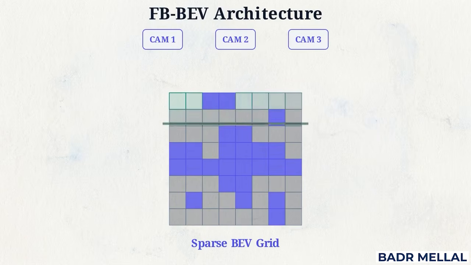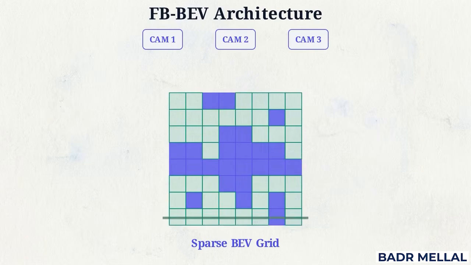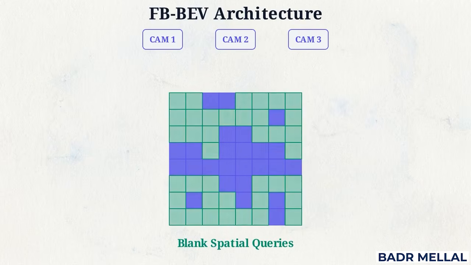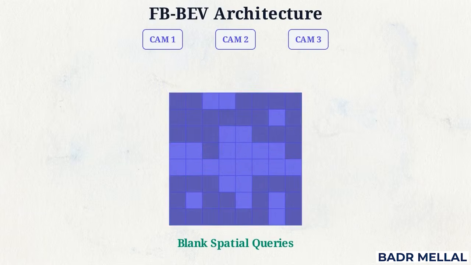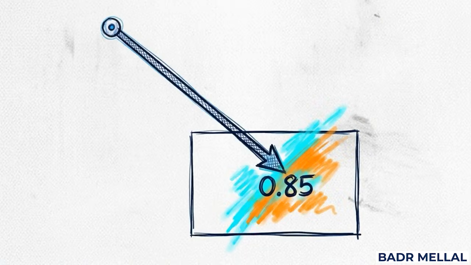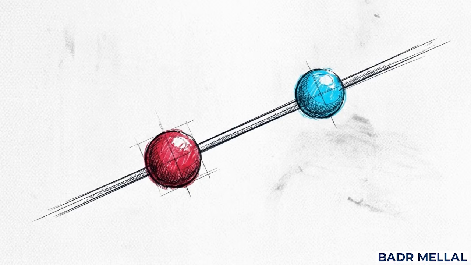In Phase 2, the architecture identifies the unactivated blank grids within the BEV plane and explicitly targets them as new spatial queries. The refinement step then applies backward projection, mapping only these specific blank queries back to the source images. To fix the smearing issue, the network integrates depth consistency weights into this backward projection. This establishes a precise mapping relationship, ensuring distinct features are assigned to distinct depths.